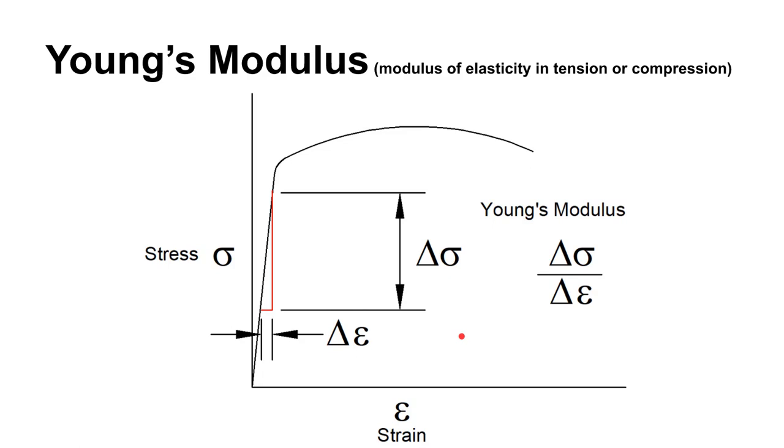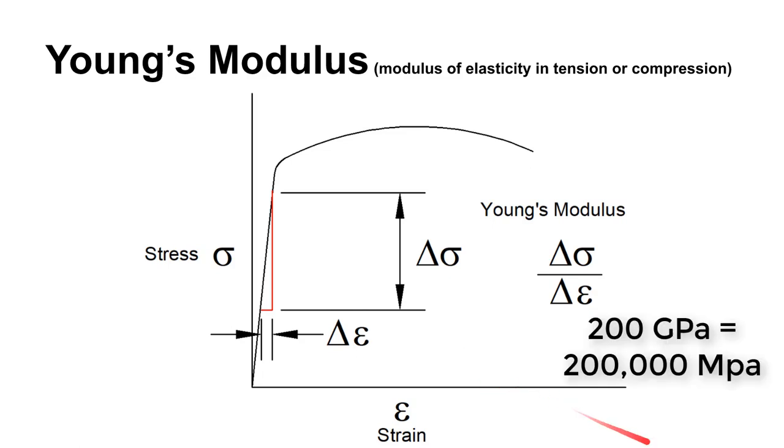Going from mega to giga just means there are 1,000. It would be 200,000 megapascals, and that's an awful lot of zeros to be dealing with. So we just take off those last three zeros from the 200,000 megapascals and call it 200 gigapascals.